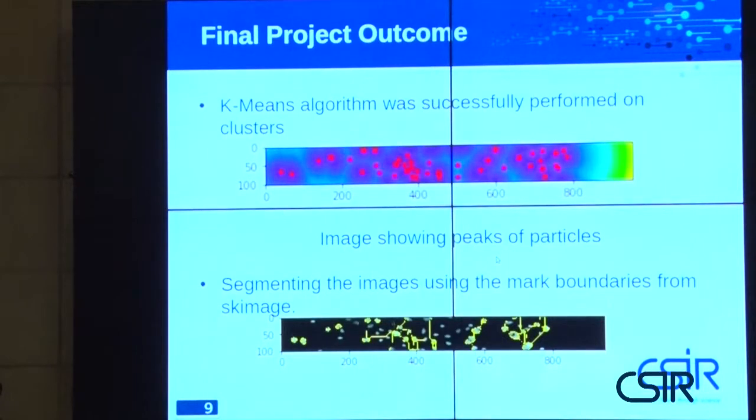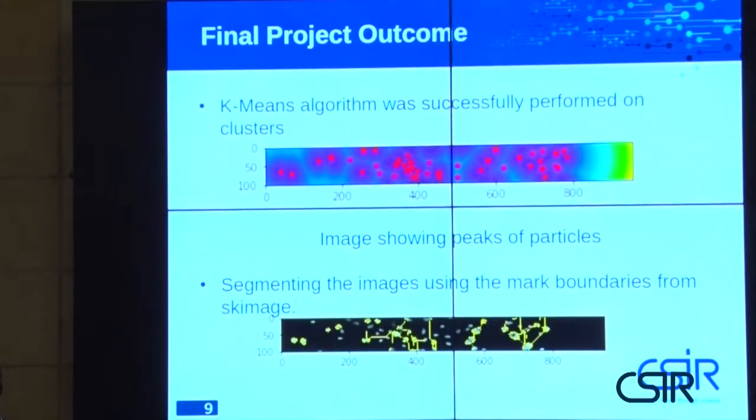Basically, here we tried to apply the k-means algorithm, looking at particles within a particle. Firstly, we tried to identify the edges of the particles. Afterwards, we tried to figure out the peaks of the particles so that we can be sure that these particles end here.